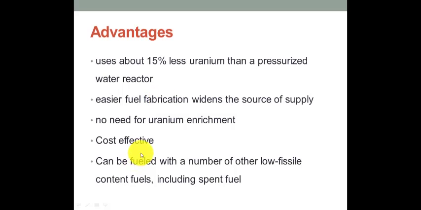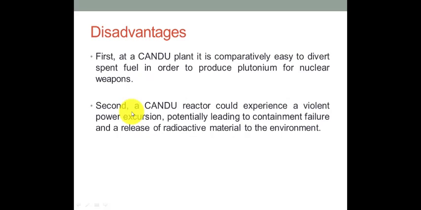CANDU reactors can be fueled with a number of other low fissile content fuels, including spent fuel from other water reactors. This reduces the dependency on uranium in the event of further supply shortages and price increases. Apart from the advantages, there are some disadvantages associated with the CANDU reactor.